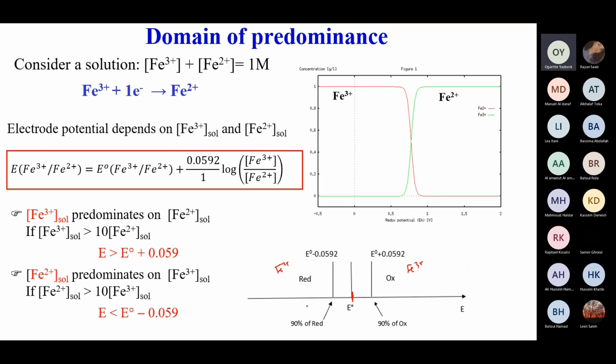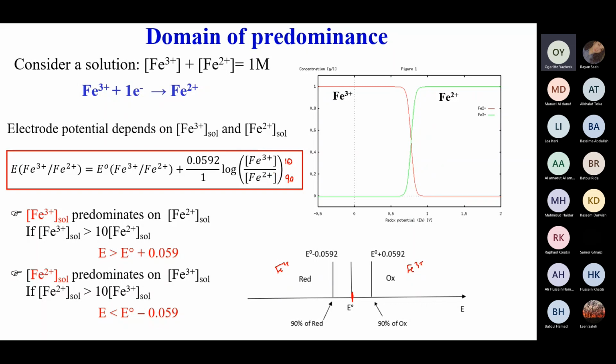And if I put here, let's say, 10% of the overall and this is 90%, that is 10 to 9 Fe.